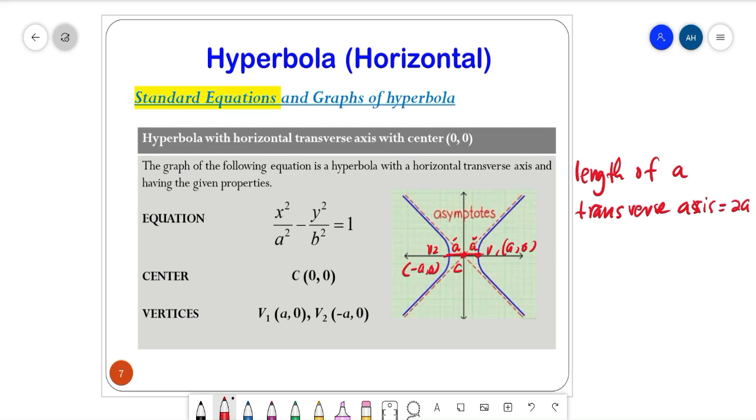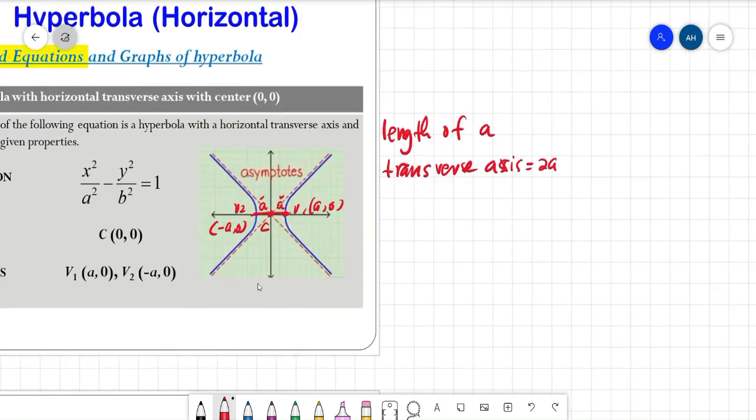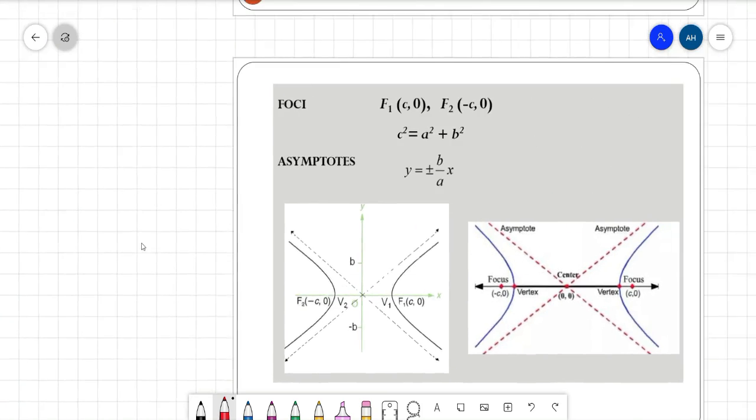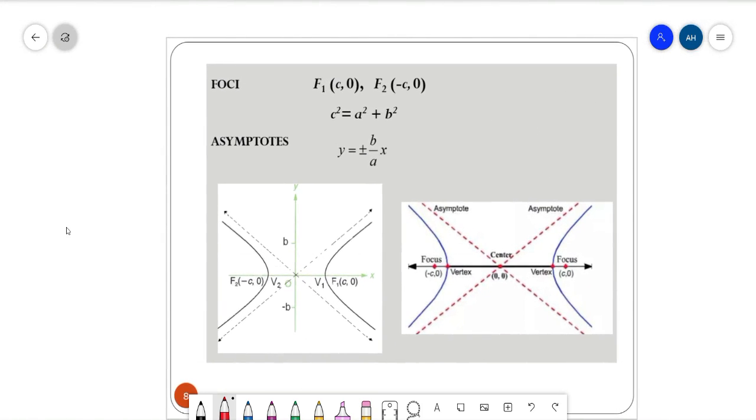Like that. And this will be the asymptote, the dotted line, right? This is asymptote 1, and this is the other asymptote. Now we talk about the focus point. To plot the point for focus, either f1 or f2, we need the value for c.